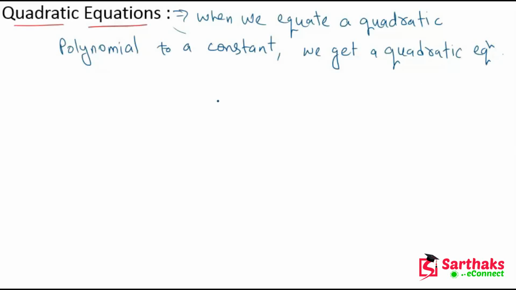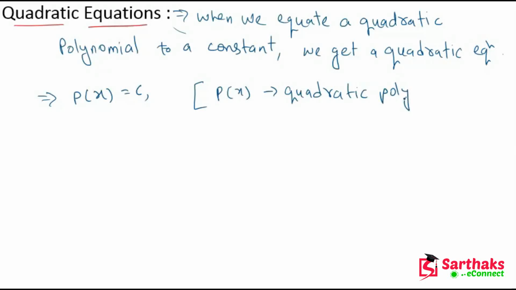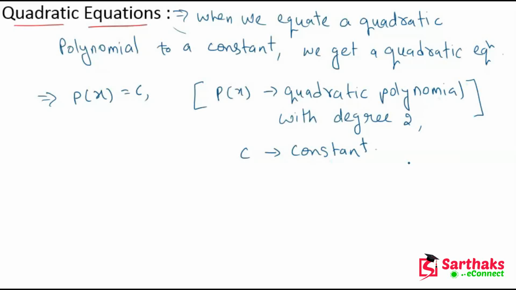So any equation of the form p of x is equal to c, where p of x is a quadratic polynomial with degree 2, and c is a constant, is a quadratic equation.